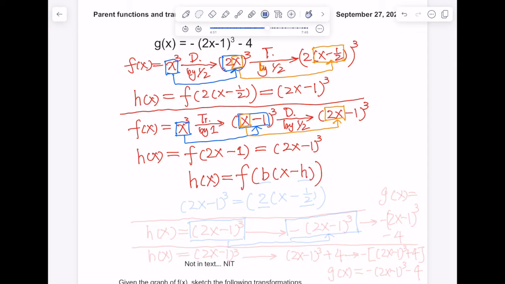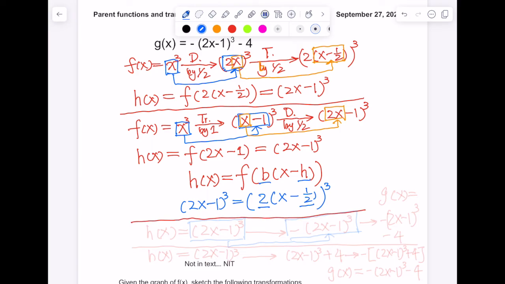So in this example, you must be able to rewrite this function as 2 times x minus half. That way, your dilation will be 2, and your translation h is half unit. So that's for the horizontal transformations.